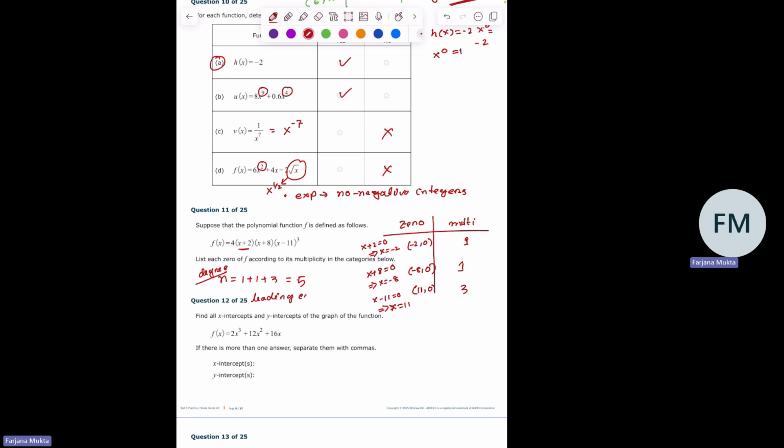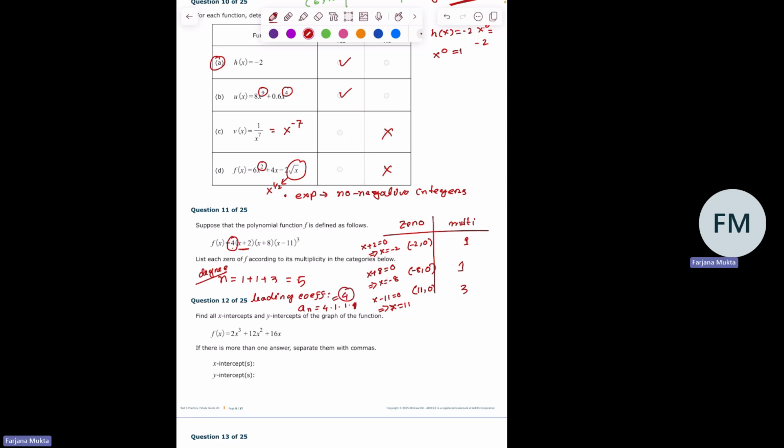What is the leading coefficient? It's 4 times the coefficient of x in each of the factors. 4 times 1 times 1 times 1, so the leading coefficient is just 4, right?